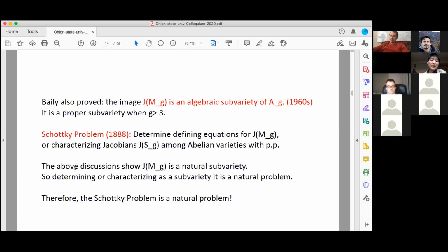You see, based on what I said, this J(M_g) is a very natural subvariety. It's not a random subvariety. So determining or characterizing a natural subvariety is a natural problem, right? So based on my logic, the Schottky problem is a natural problem. I hope you are convinced that it's a natural problem.